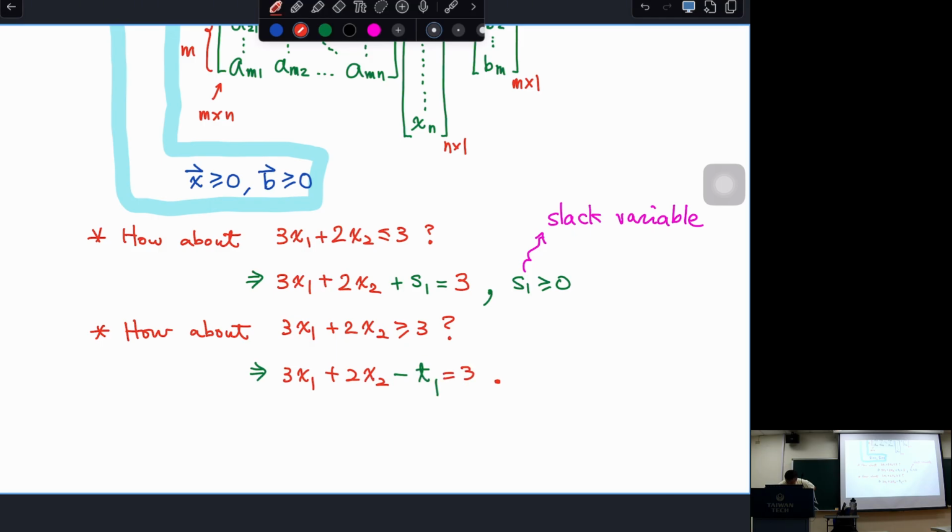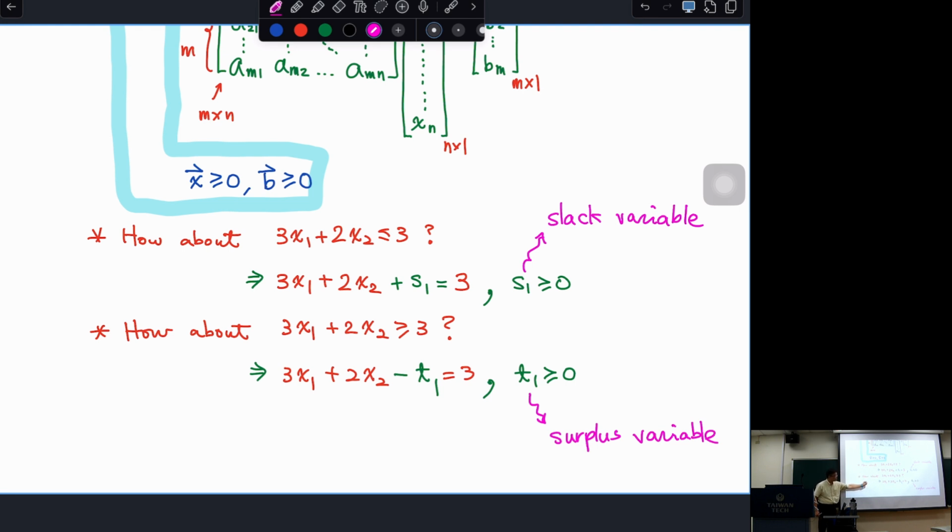And T1 must be positive. So T1 is called surplus variable.